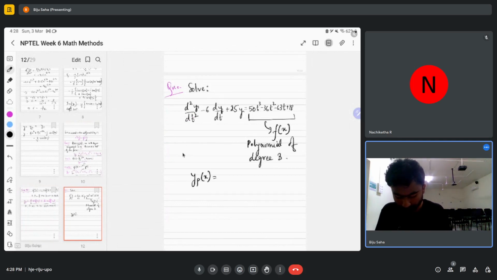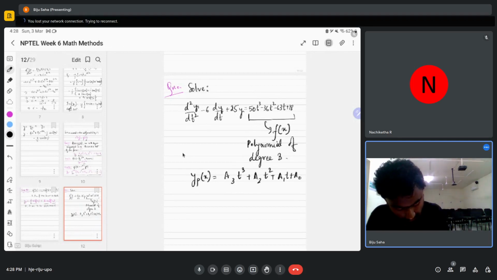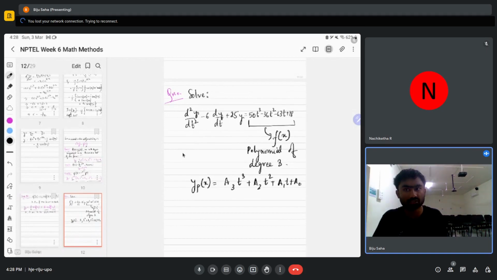So this will be my proposal for the particular solution. Before moving on to finding the particular solution, let us again look at the solution of the homogeneous equation.